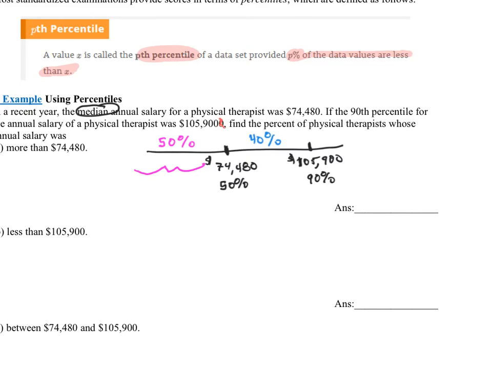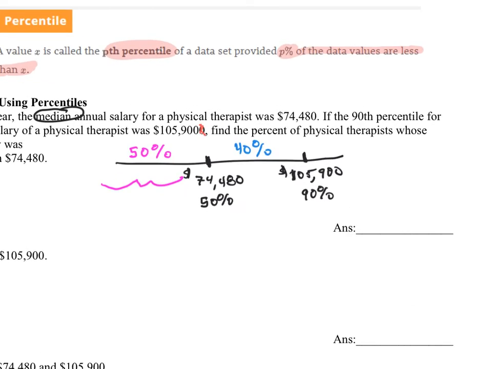If there's 40% between, what does that leave above the 90%? Well, above 90%, that's going to give us our 10%. Again, how am I getting that? Well, just do 100 minus 90. That gives me my 10%. So let's look at these questions right here.